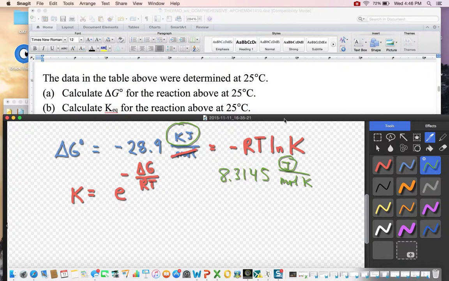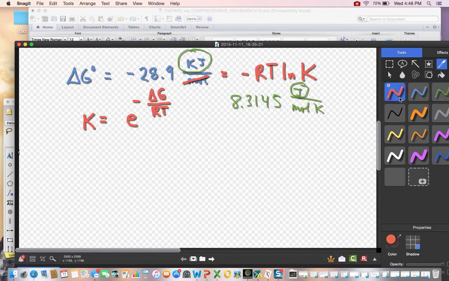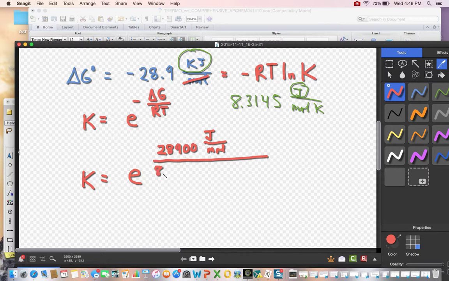So when we go to set this equation up, K equals e to the 28,900 joules per mole divided by 8.3145 joules per mole Kelvin.